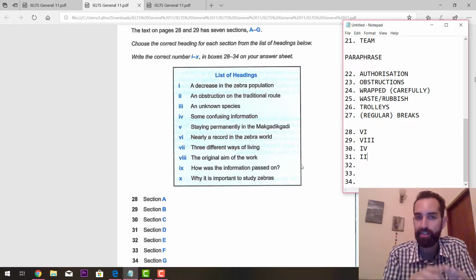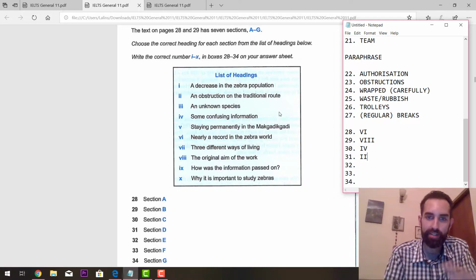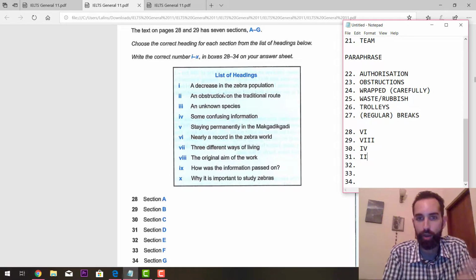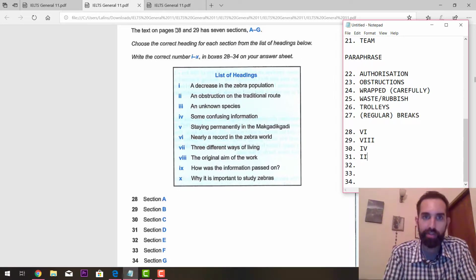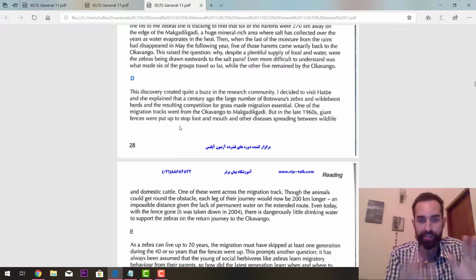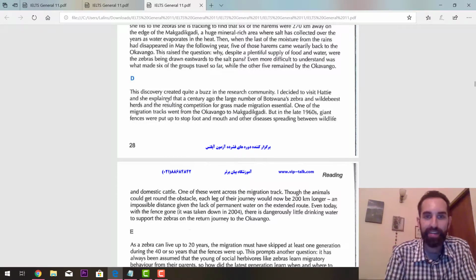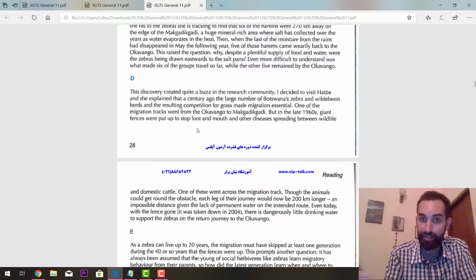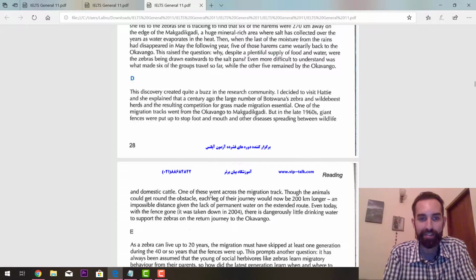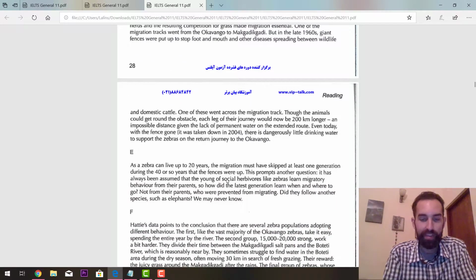Not always, but sometimes it's just a simple match, just using obviously complex language such as obstruction. But this entire paragraph D was entirely about a fence, and what is a fence but an obstruction? It's a blockage. And it went over their migration route, which is an obstruction on a traditional route. So that was a fairly simple one. Okay, so now E.